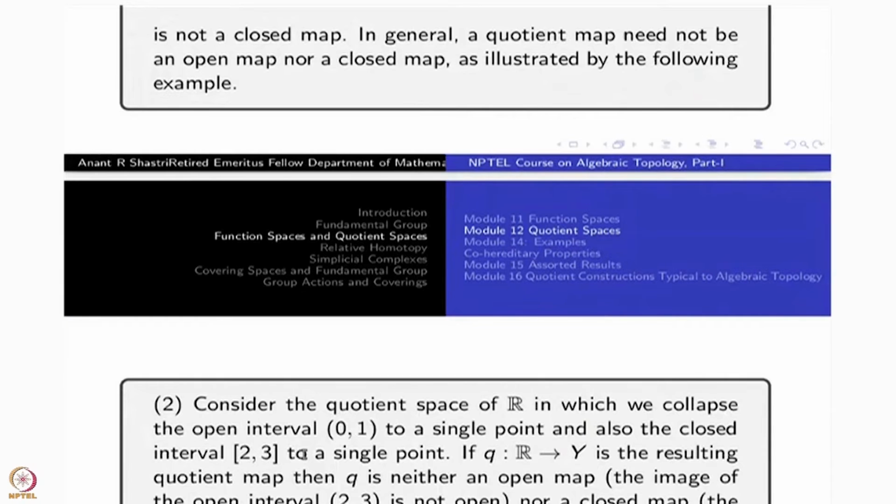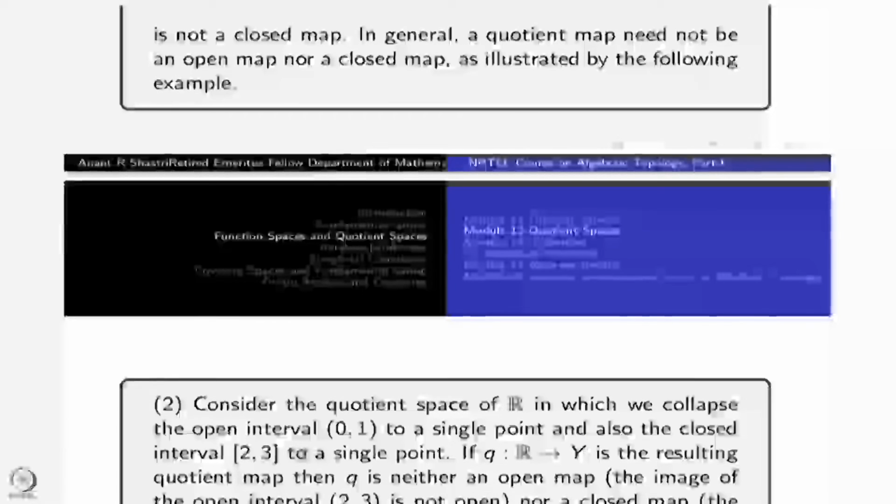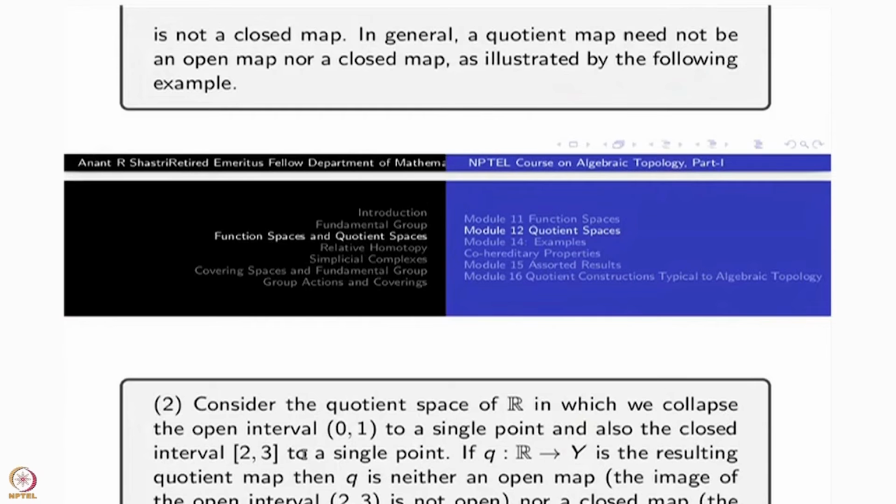So what do I do? I take the whole of the real line or some large interval. So let me take the whole of the real line. Then look at the open interval (0, 1). All the points in (0, 1) you identify to a single point: 0 < t < 1, all of them will be identified to a single point.